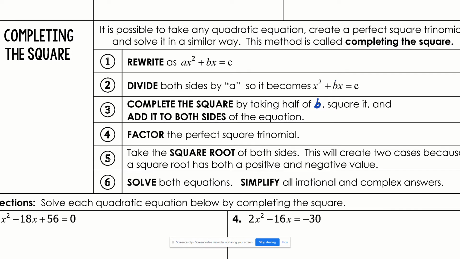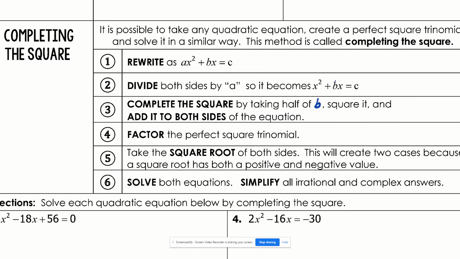And if you're having to deal with fractions, in my opinion, there's a better method to solve it, and that would be quadratic formula. But if b is even after you've divided it by your a value, then it's worth trying this completing the square method. So here we go.